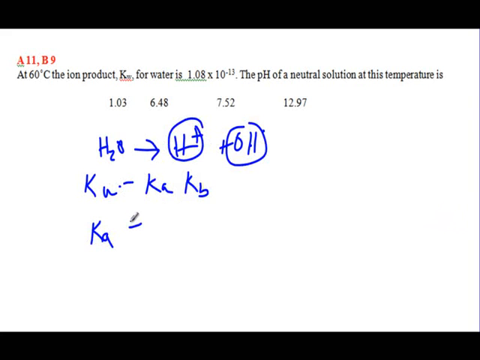So Ka is going to be Kw over Kb, and my Kw is 1 times 10 to the, whoops. It's such a habit of writing 1 times 10 to the minus 14, but they gave us a different one, right? Because that 1 times 10 to the minus 14 only applies when I'm talking about 25 degrees.